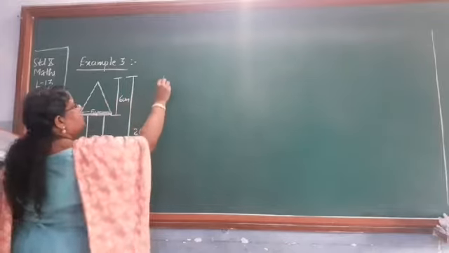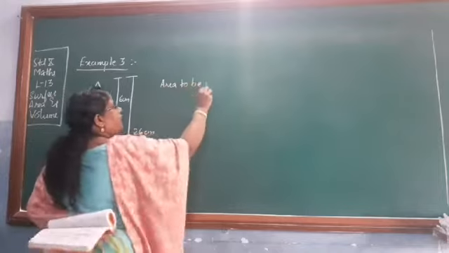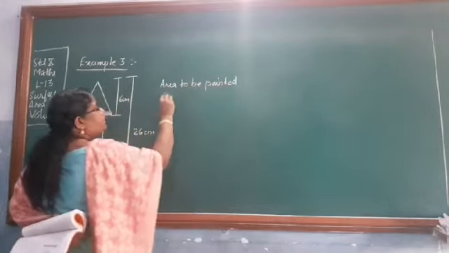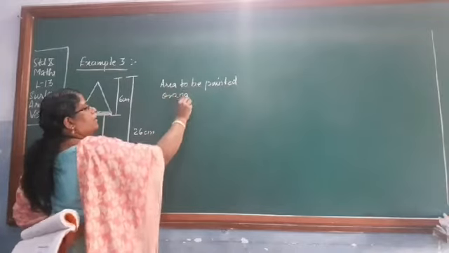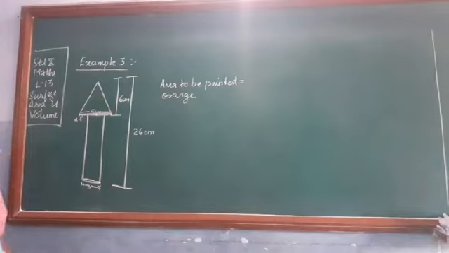So we can write area to be painted orange will be equal to the curved surface area of the cone, okay.